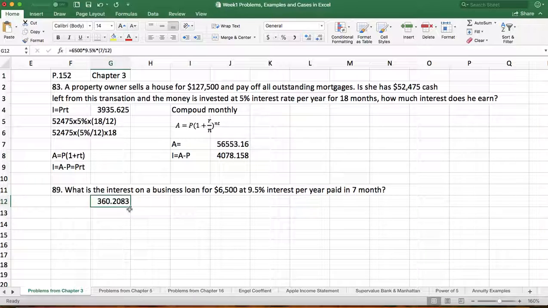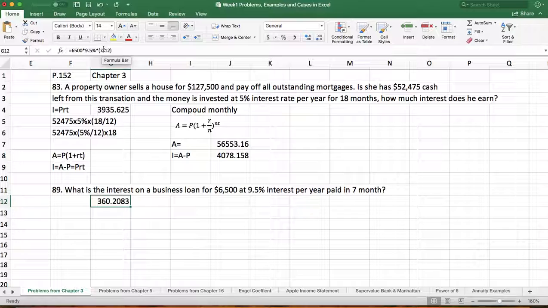This is the simple interest formula. The principal, the P, is 6,500, and the annual interest rate is 9.5%. T, remember, must be expressed in years.